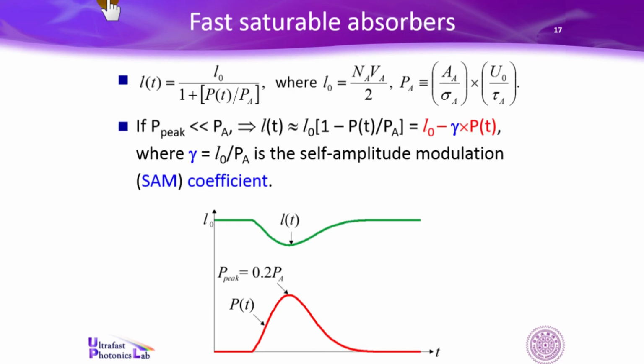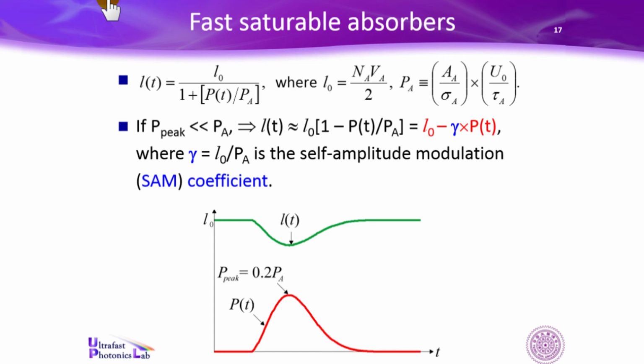But under our assumption here, in the previous slide, even the peak power is much smaller than the saturation power. Then you can use a Taylor series approximation. L of t is no longer this one, but L0 times 1 minus P of t over PA, or equivalently, L0 minus a gamma coefficient times your driving laser power, P of t.